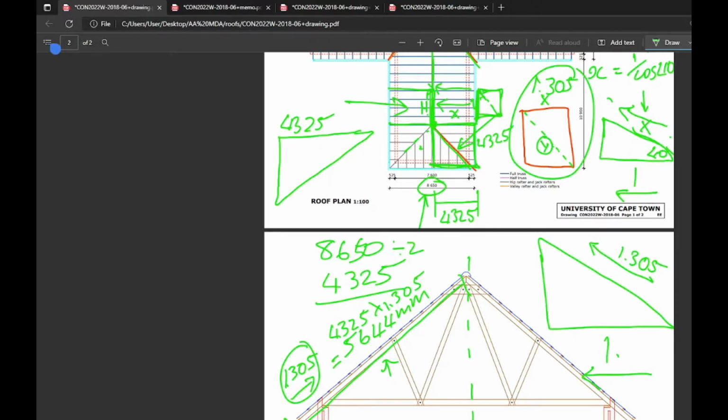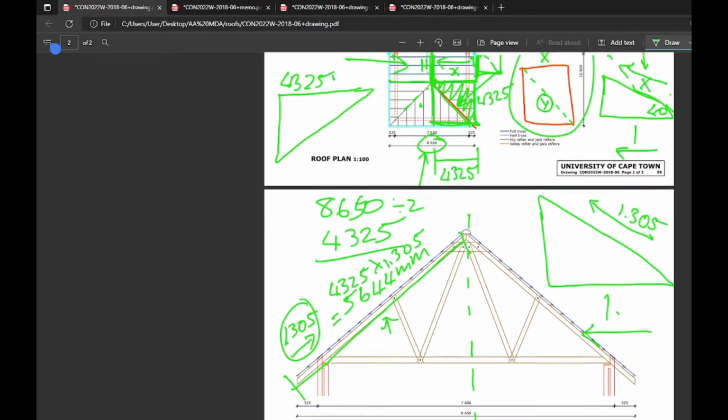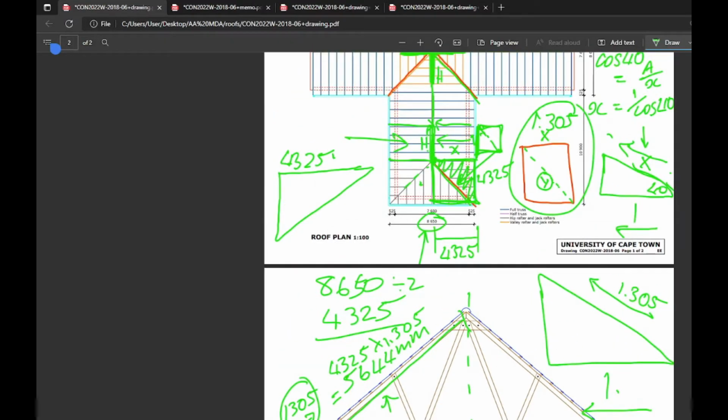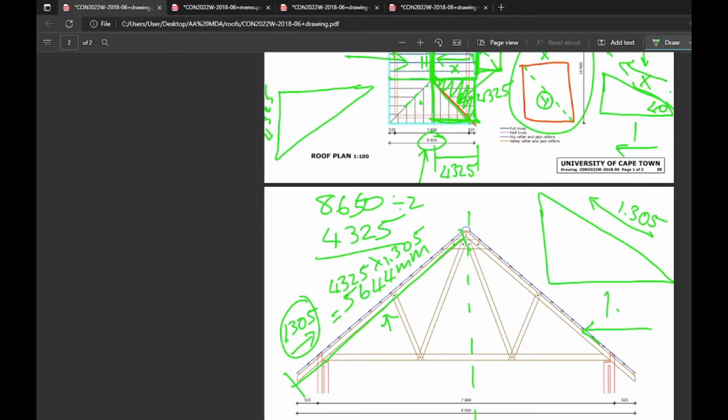So we've applied only one side of the square, right? It's 4,325. What have I done? Right. Doesn't look great because I put that in the wrong place. So the 4,325 is actually a better indicator if I put it there, right? 4,325. And this slope bit is 5,644.